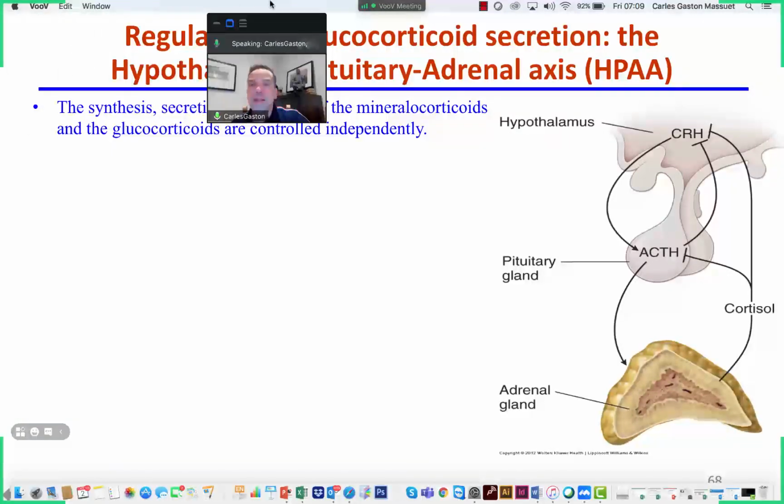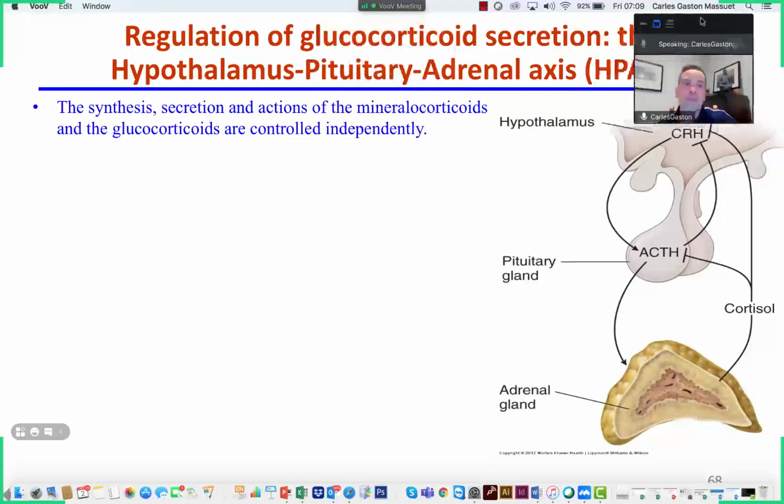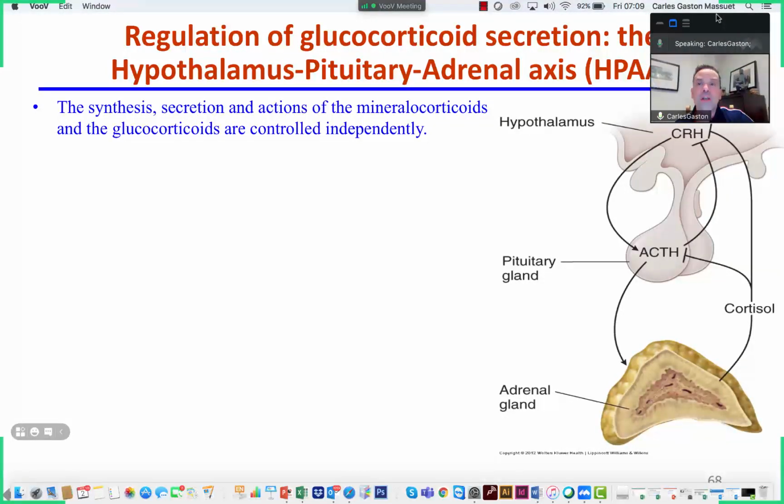So, a little bit into the biology and physiology. We know that the synthesis and secretion and actions of the mineralocorticoids and glucocorticoids are controlled independently. Remember, there are mineralocorticoids and glucocorticoids.